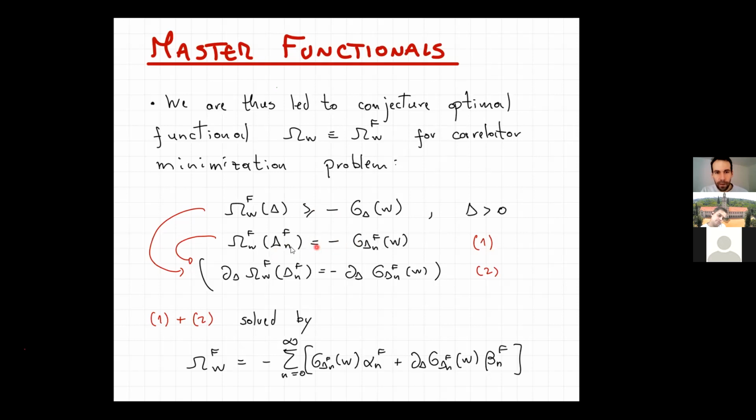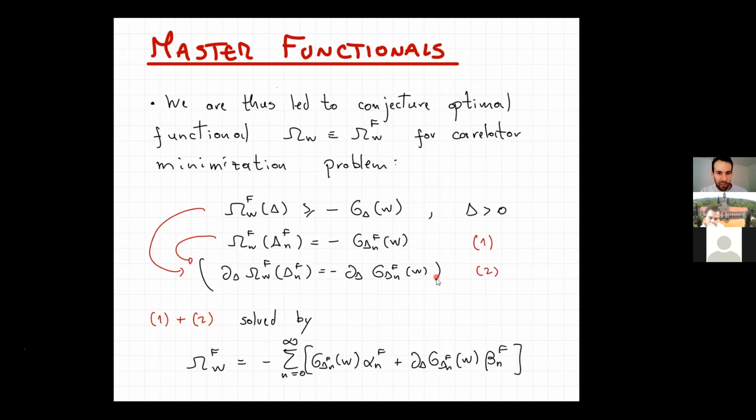Furthermore, since this has to be larger than this, and the inequality is saturated here, if we don't want to violate it away from these points, then we must ask that also the derivative of this inequality is saturated at these points. So this is very similar to before, where we had to have double zeros. Ordinary functions have to have double zeros at certain points. So this is the analog. So the function which has to have double zeros is omega plus g delta.